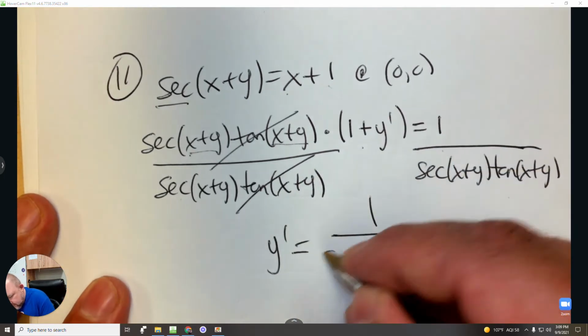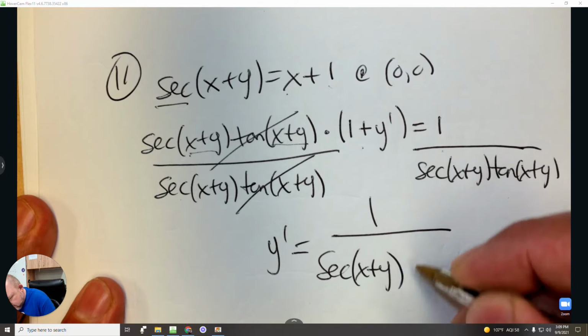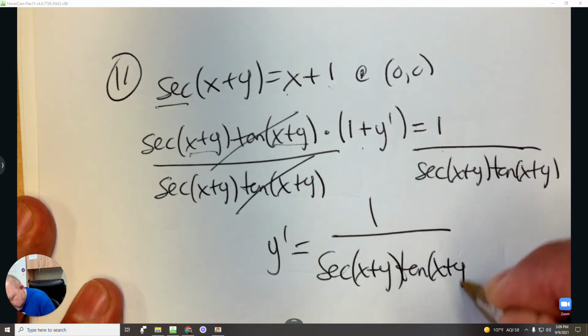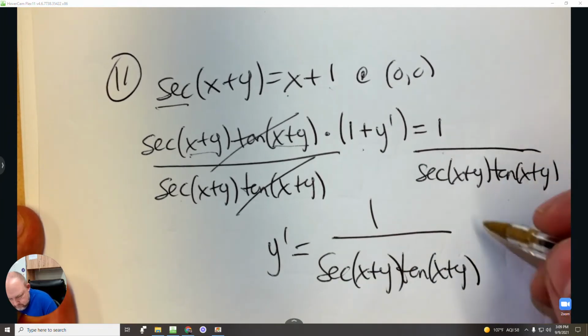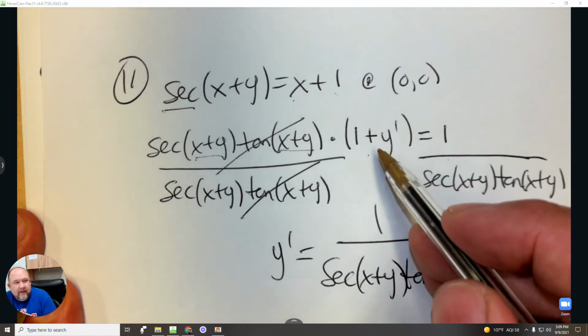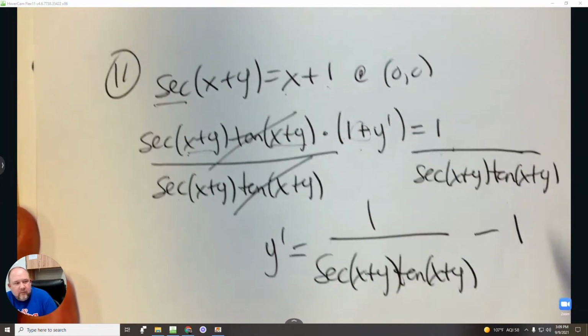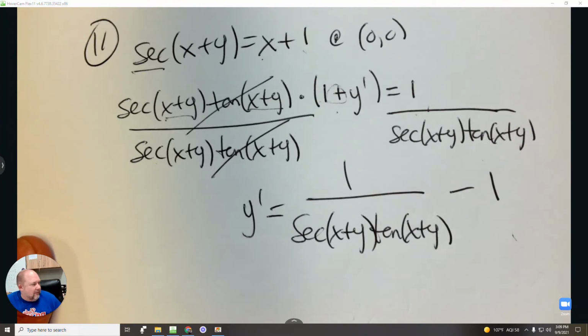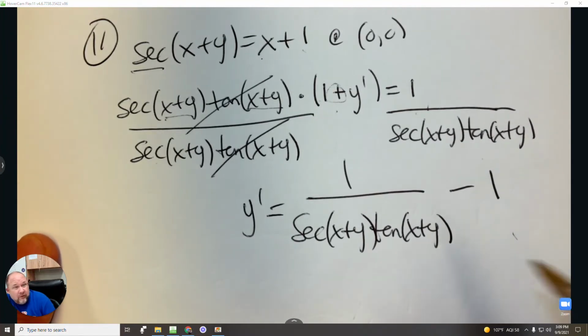So I have this. And then instead of adding 1, I subtracted 1. So now y prime is by itself. And now I'm going to plug in the point 0, 0.